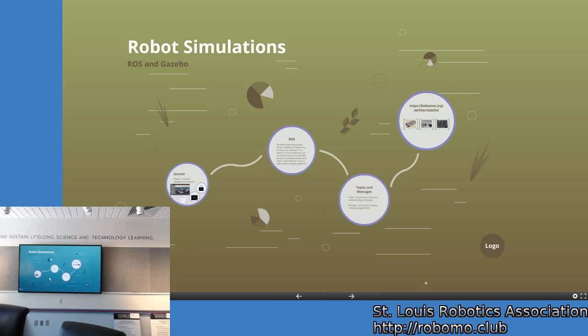Okay, so I wanted to talk about robotic simulations. First of all, the reason why you'd want robotic simulations: robotics is difficult in that you not only have to deal with software, but you have to deal with the hardware side of things. You have to deal with electronics and mechanical issues.